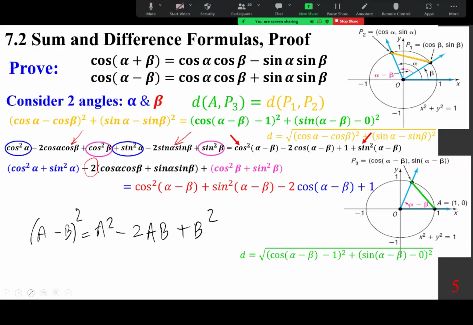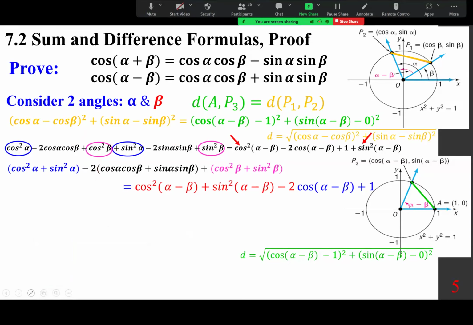Let me erase my work. So on the left side, we have a 1 here. We have 1 here. So we have a 2 minus 2 times cosine alpha cosine beta plus sine alpha sine beta. On the right side, we have 1 here, 2, and then negative 2 cosine of alpha minus beta.